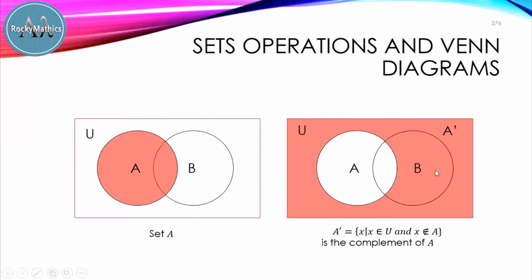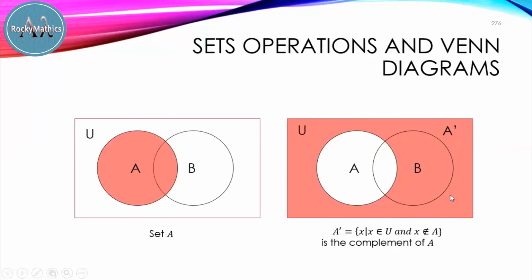Now, in this illustration here, this is A prime. So what do we mean by A prime? A prime in mathematics is equal to the set of x such that x is in the universal set, but x is not in A. Meaning to say, all the elements of A prime are the elements in U, or in the universal set, but not in A. So that's why the shaded part here, the pink one, is A prime.